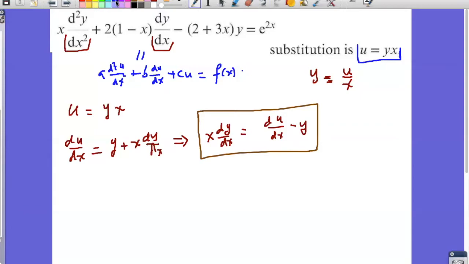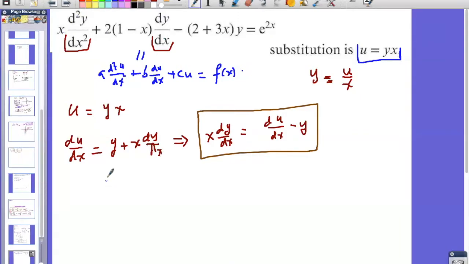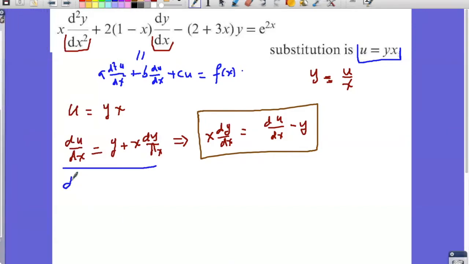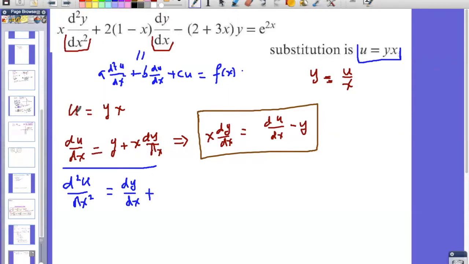Second, I need to find x d squared y dx squared. So I'll come back to this equation. I'll differentiate it all through again. So I'll have d squared u dx squared. When I differentiate this, I'll have dy dx plus, for this second part, I have to use the product rule again. I will first leave dy dx, I differentiate x.